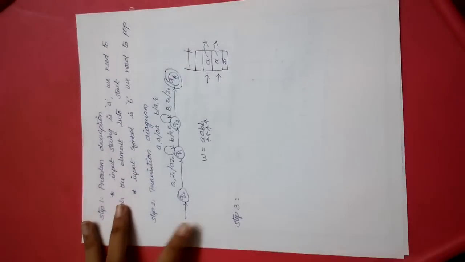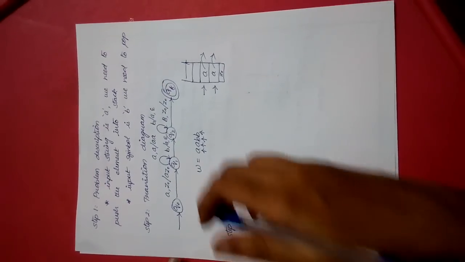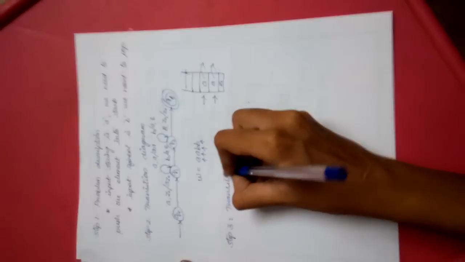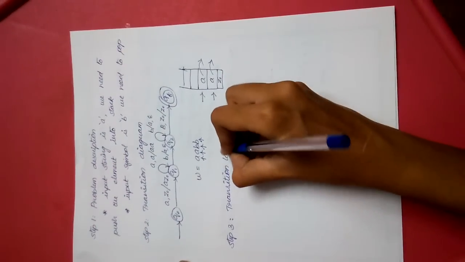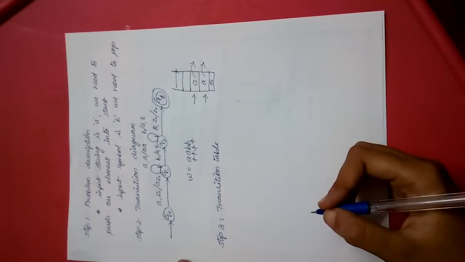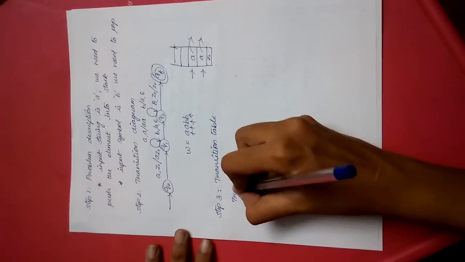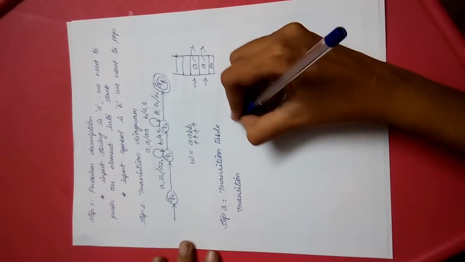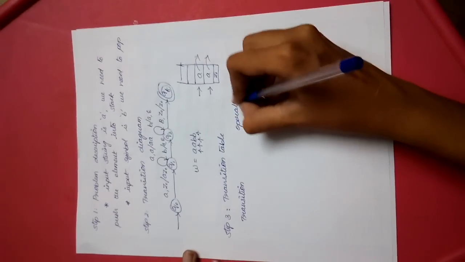The next step of PDA construction will be the transition table. The first column is transition, and here is the operation performed.